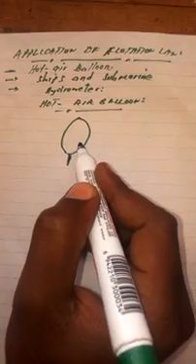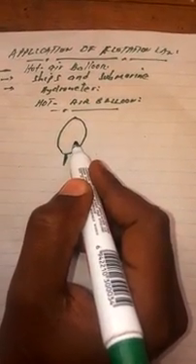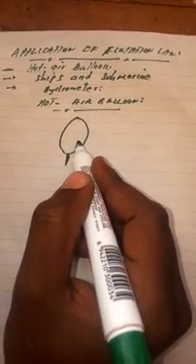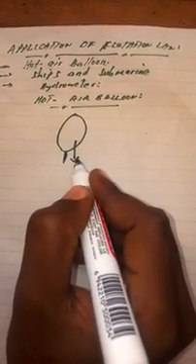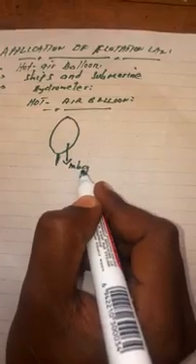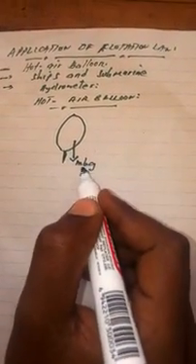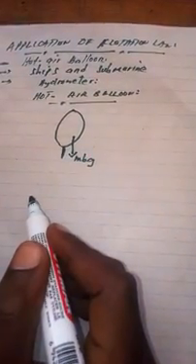It consists of a passenger. Inside here there is a passenger who has weight. Let's say it is the mass times gravitational force. That will be the weight of the passenger and the other objects inside the balloon.